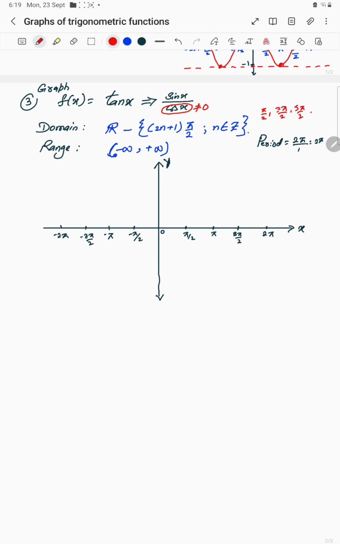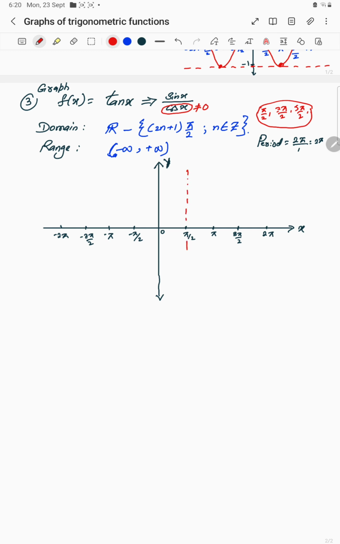Okay, first of all we need to draw the dotted lines to justify the undefined values of this function, as it was the odd multiples of pi by 2 that make it 0, undefined, this function.